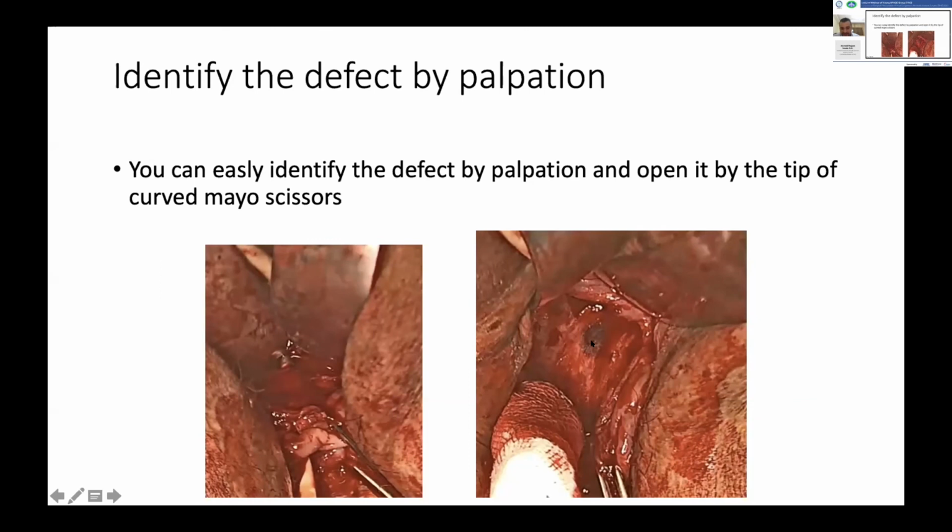Here, this patient has a very thin defect, so you can see the transillumination of the blood clot at the cesarean scar. Here it's not that clear, but you can see my scissors going up. After I open the defect, I can introduce the scissors through the vagina.